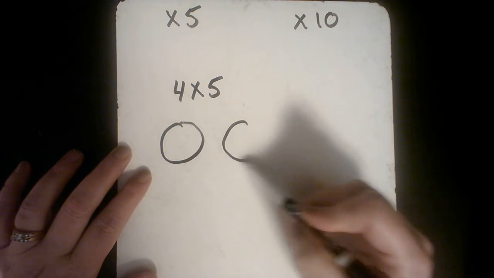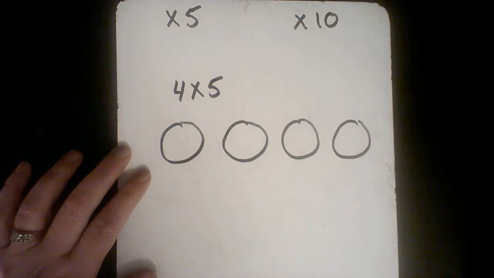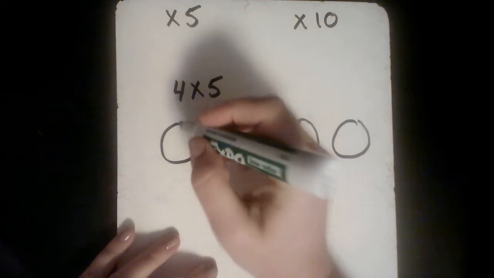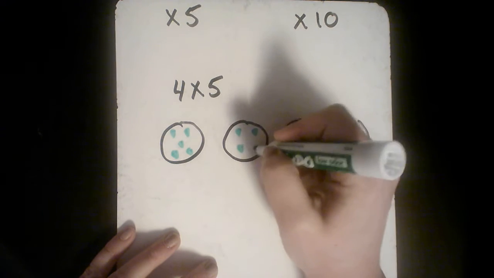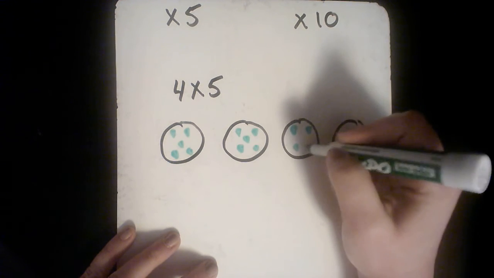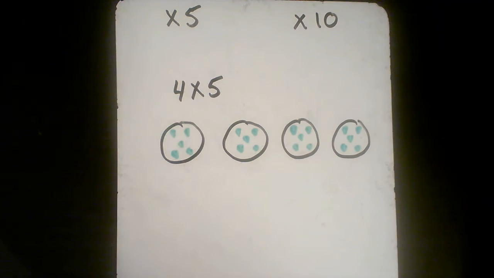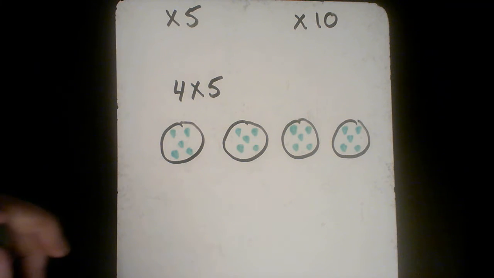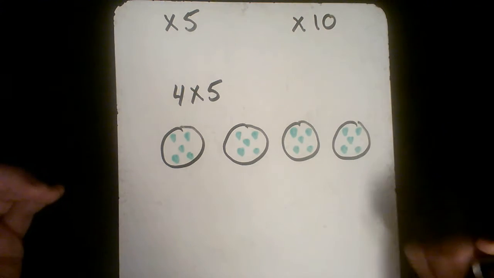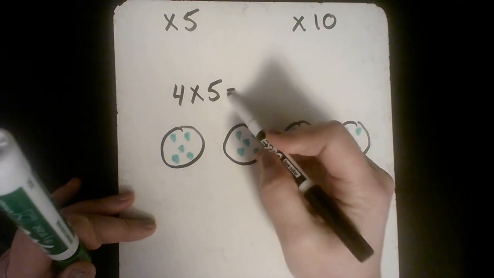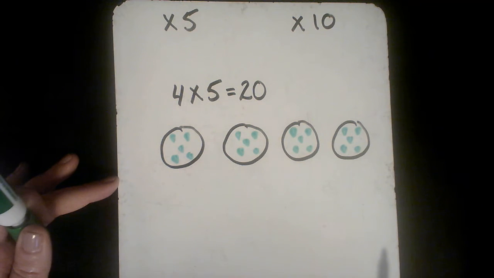If I had 4 groups and I had 5 objects in each, it makes sense that I would be using skip counting 5, 10, 15, 20 to find the total. 4 times 5 equals 20, or 4 groups of 5 equals 20.